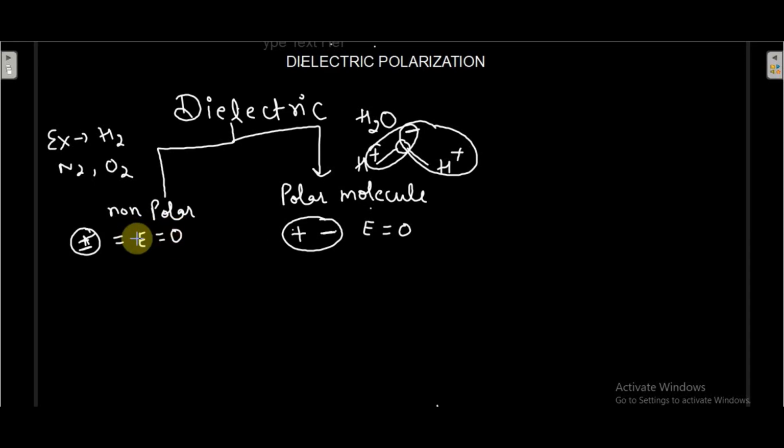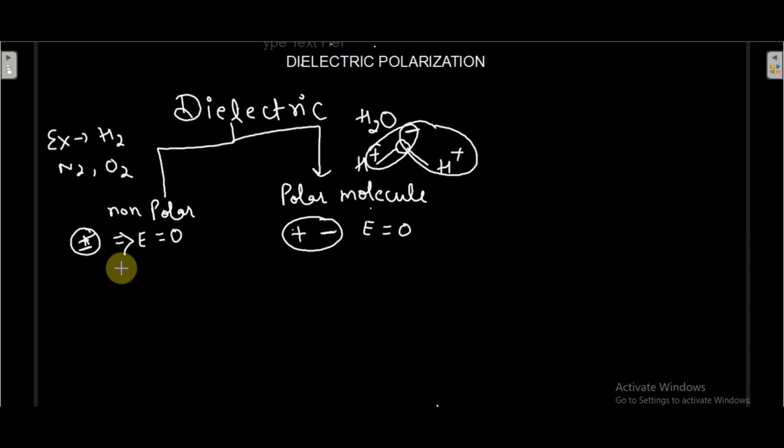This holds when there is no external field, so the internal field of these molecules is 0. Now we will understand this process by taking examples of dielectric materials: first non-polar molecules, then polar molecules, one by one.